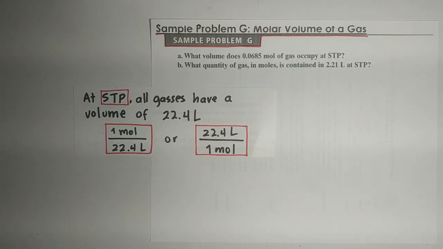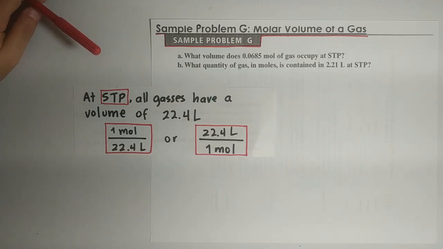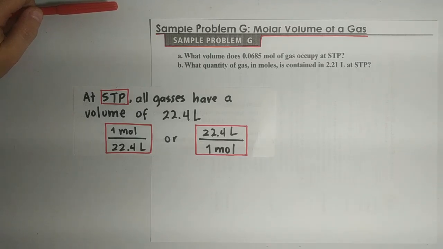As you already read in the file that I sent, STP stands for standard temperature and pressure. In other words, that means we're going to consider a temperature to be 0 Celsius degrees and a pressure to be just 1 atmosphere.